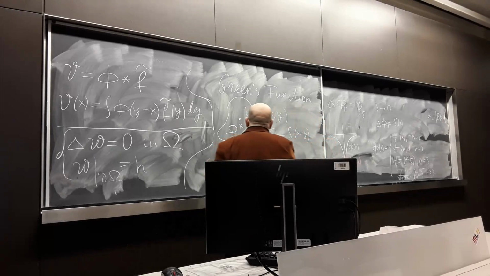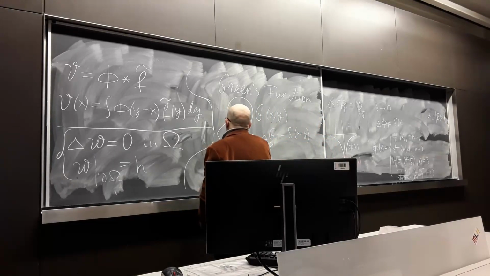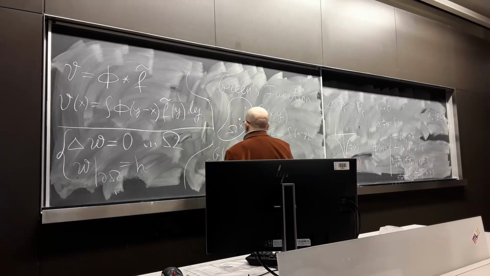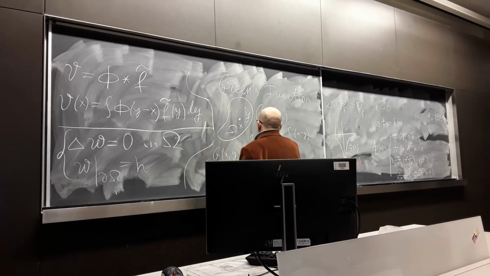This means that g of x, y equals phi of x minus y. This function has a singularity when y equals x.